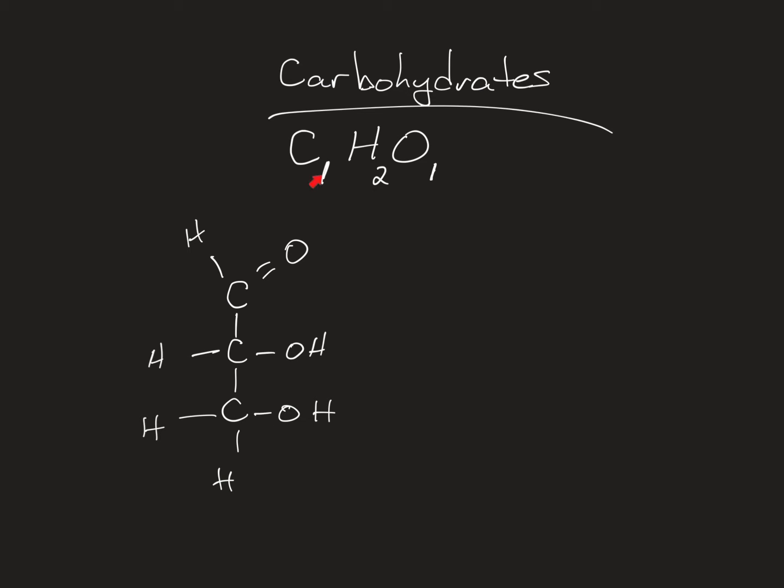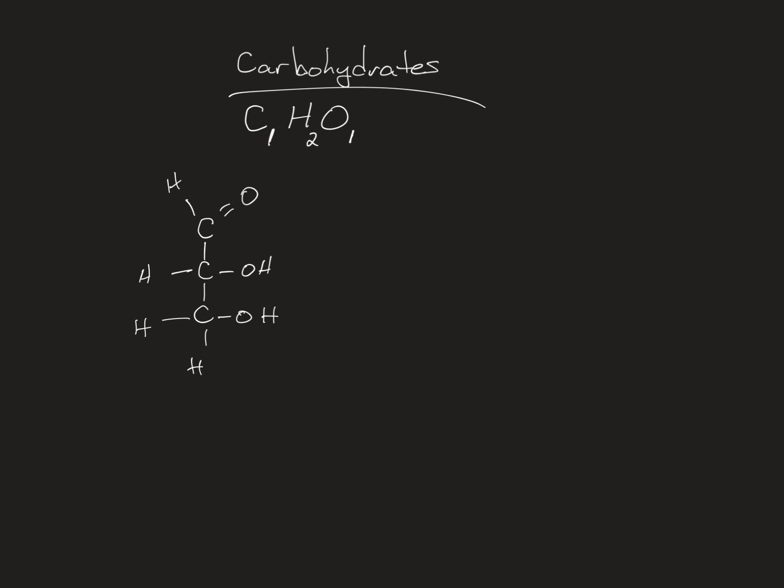If you have 3 carbons, how many oxygens would you expect? 3. 1, 2, 3. So again, it fits. Not every carbon has 2 hydrogens and an oxygen, but it turns out that when you have a sugar, any kind of carbohydrate, this is the form it takes.